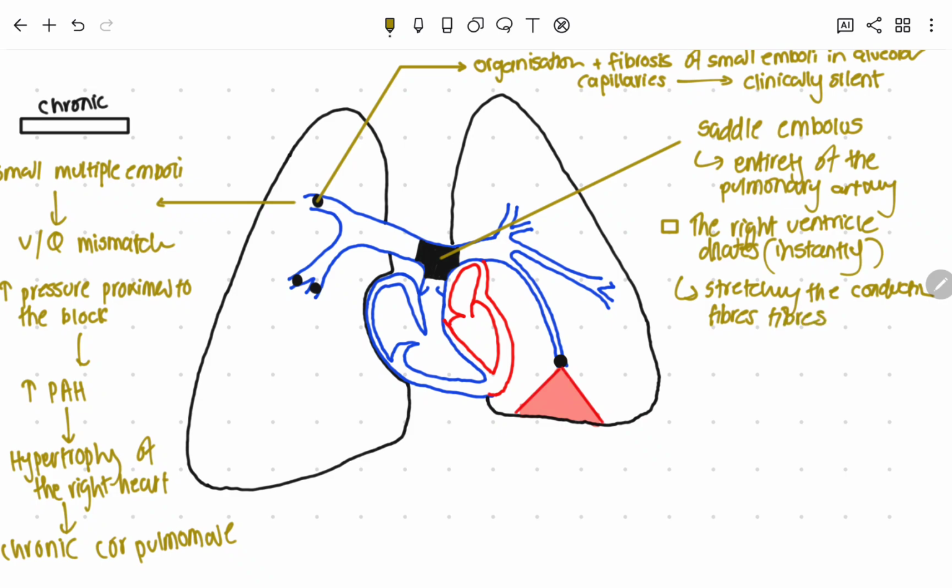And as you know, the right side of the heart is origin to the sinoatrial node as well. And so if you imagine you end up stretching these conducting fibers, you're basically damaging these cardiomyocytes.